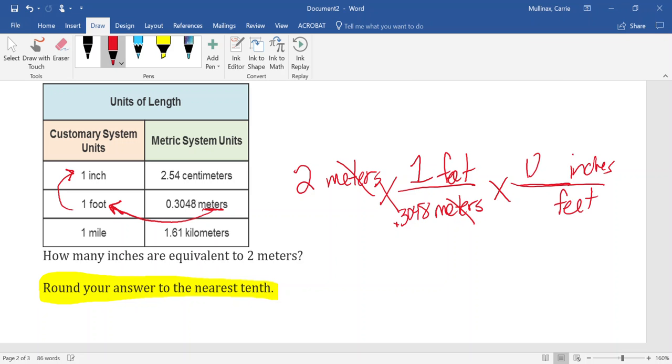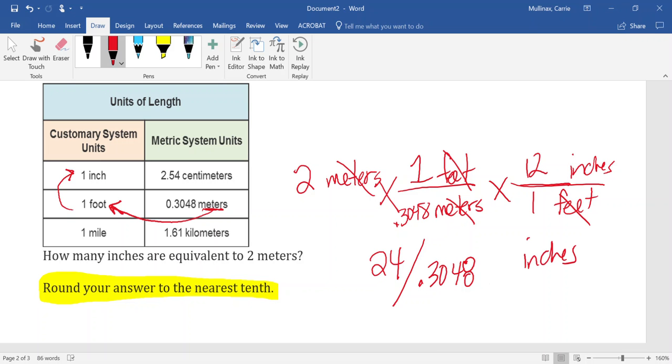There are 12 inches in 1 foot, so that cancels feet and gives me inches. So I would do 2 times 12, which is 24, and 24 divided by 0.3048 would give me my answer in terms of inches.